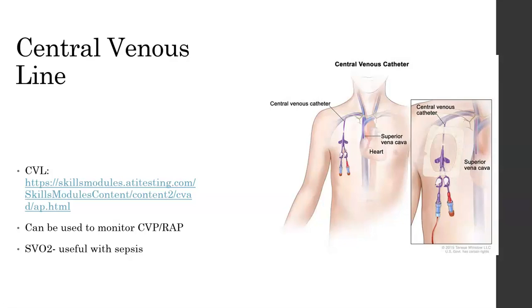A low CVP value typically reflects hypovolemia or decreased venous return. A high CVP value typically reflects overhydration or a fluid overload type situation, increased venous return, or right-sided heart failure. So fluid overload goes with the right-sided heart failure.